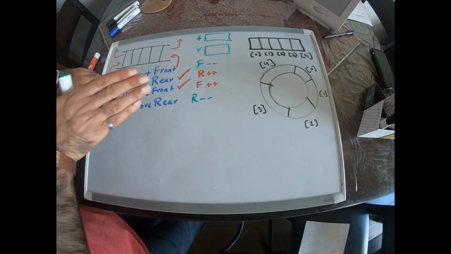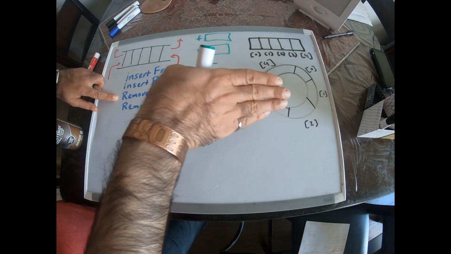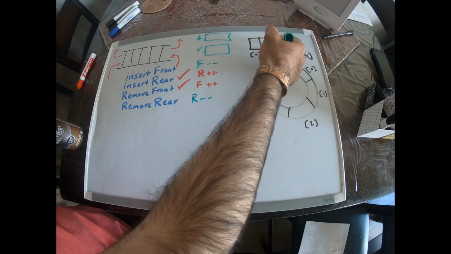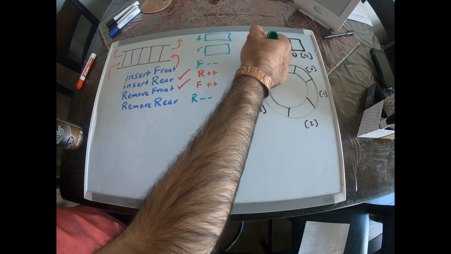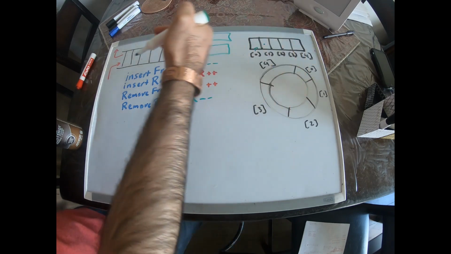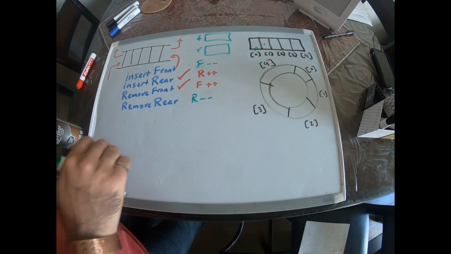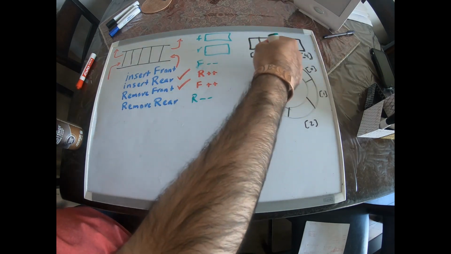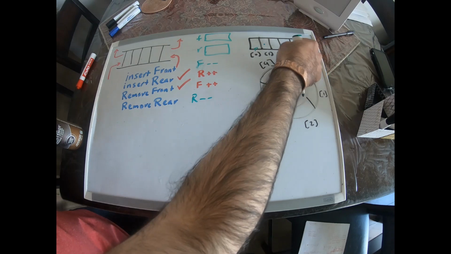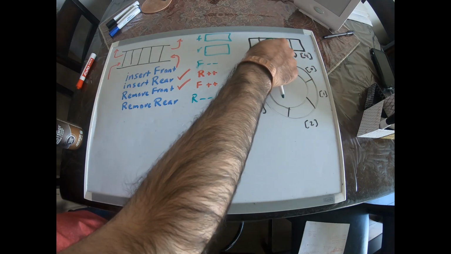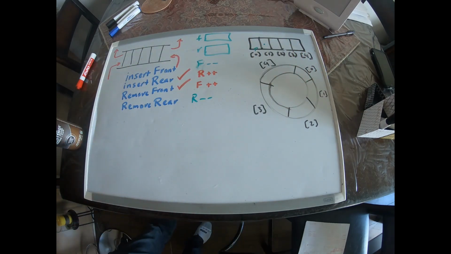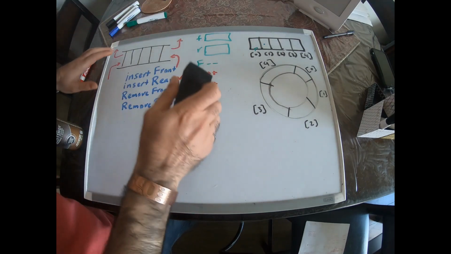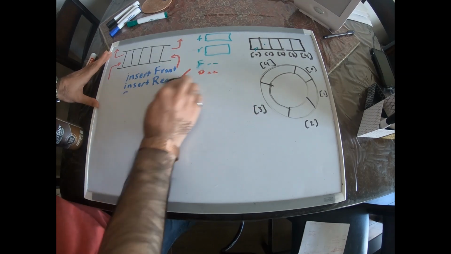When you remove from the front, your front moves to the right. When you insert from the front, if this is our front, then this becomes the front, so your front is moving towards the left. And the same here, if this is your rear and you want to remove from rear, your rear is going to move to this index, so your rear is going to move to the left side. So keep this in mind, and we're going to implement first what you guys are familiar with.